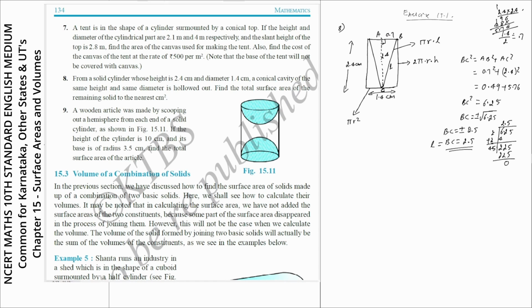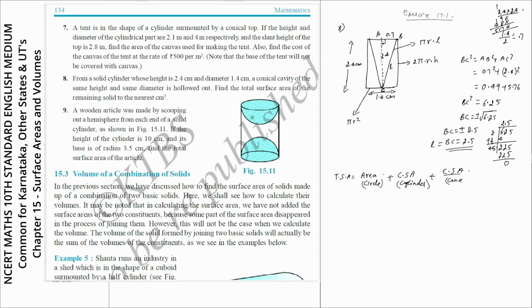Now what is the total surface area? Total surface area is given by area of circle, that is the bottom of the cylinder, then curved surface area of cylinder plus curved surface area of cone.